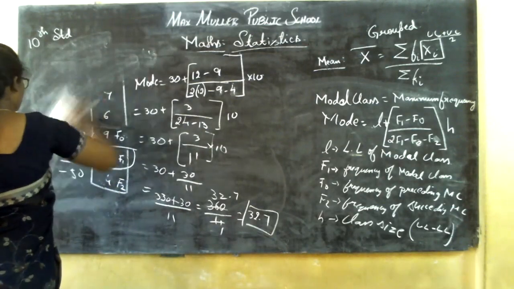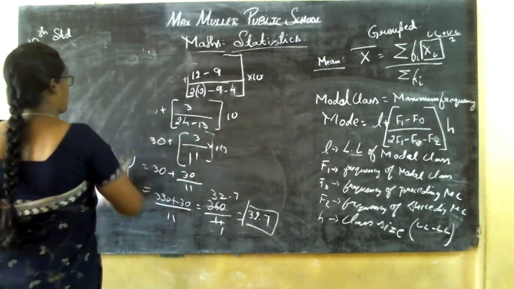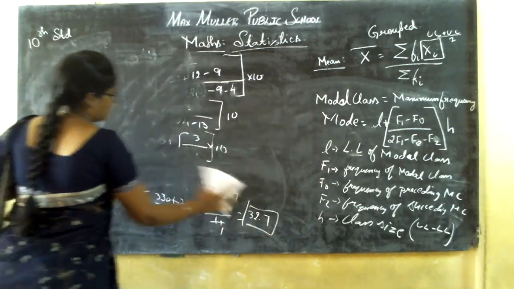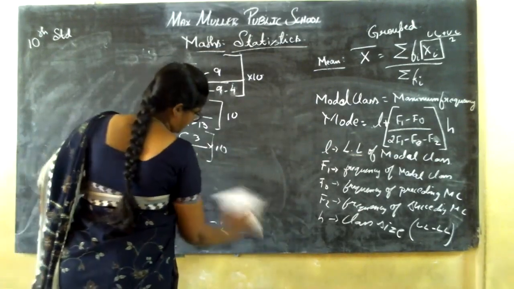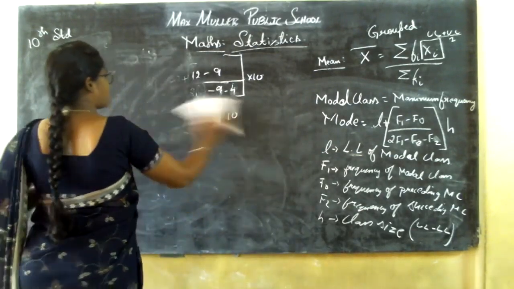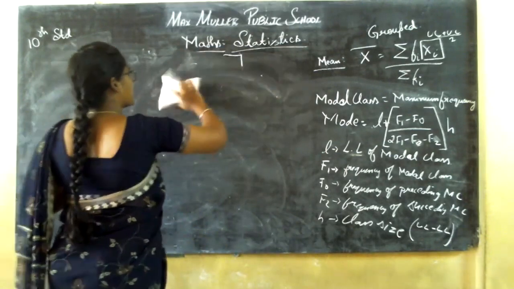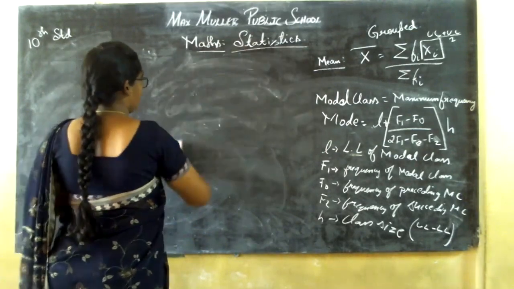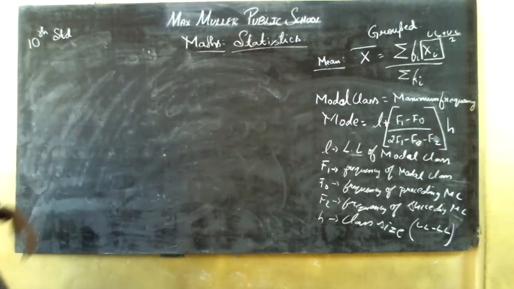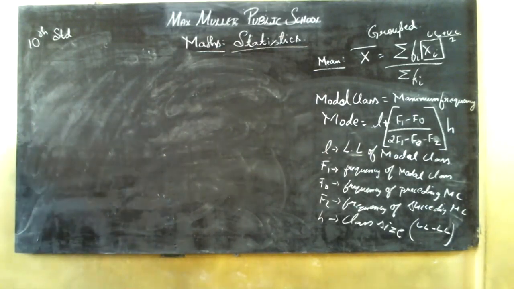Central tendency is nothing but the combination of mode, mean and median. If they ask you to find the central tendency for the given problem, then you should find all the three: mode, mean and median.